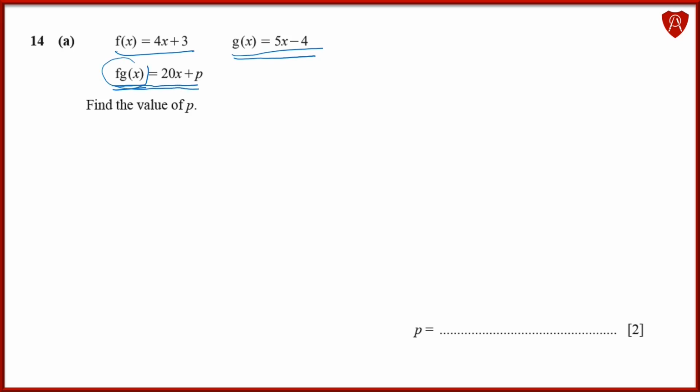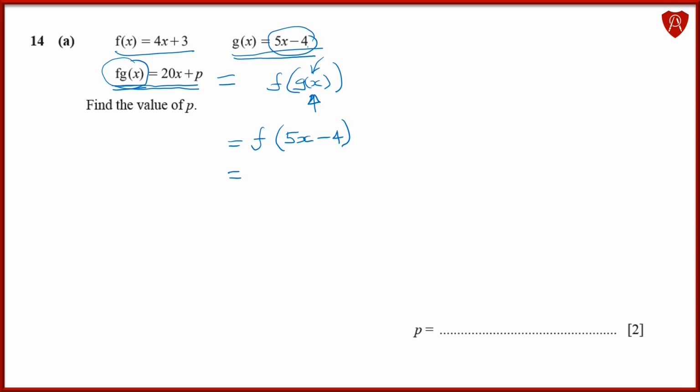The expression is a composite function f of g of x, which can be written alternatively as f(g(x)). What this means is that the input to the function f shall be g of x. That will be the input to the function of f. So we have f of, instead of g(x), we write here 5x minus 4.